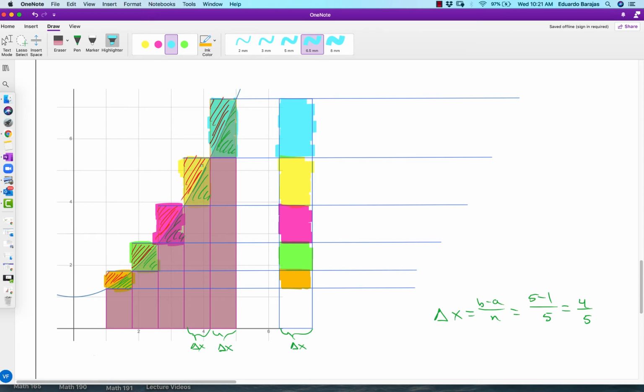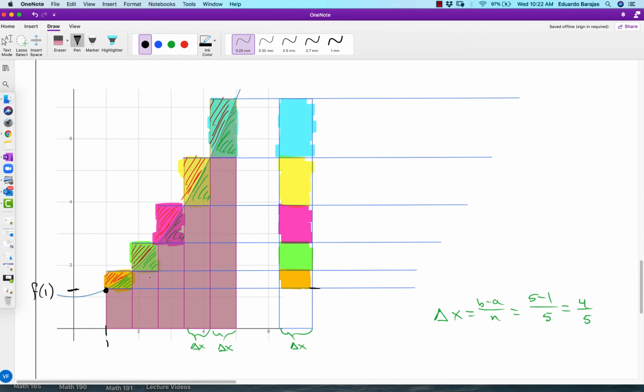Finding the sum of all these highlighted rectangles is the same as finding this one, where the width is delta x. And then what about the height? The smallest possible value comes from here. If we trace it back, it was the value 1, so this has a height of f of 1.